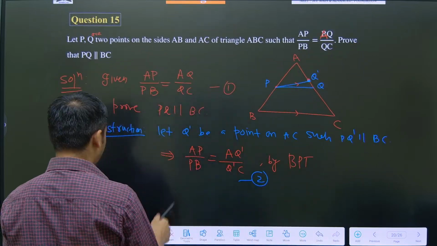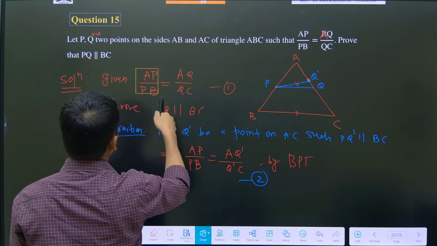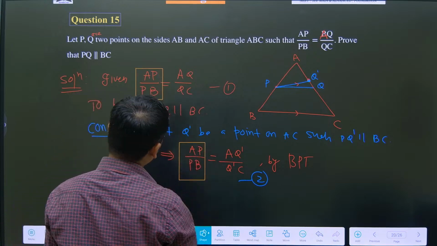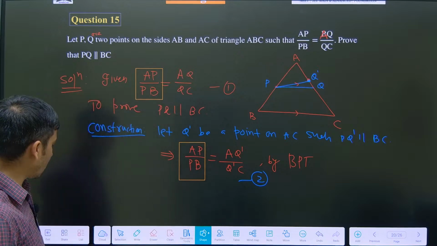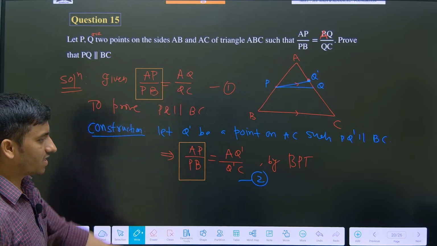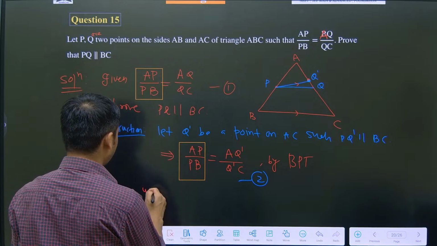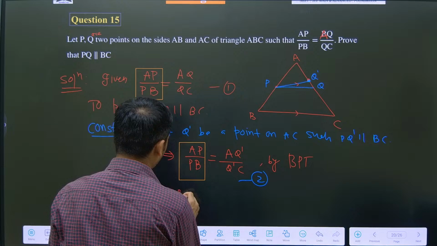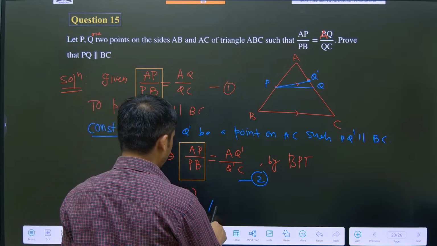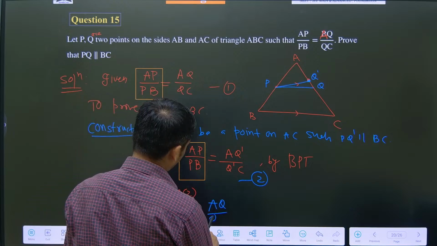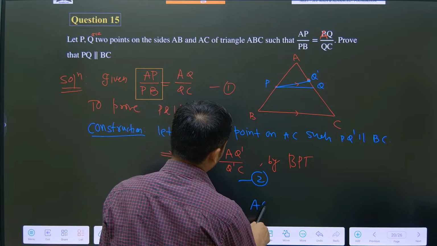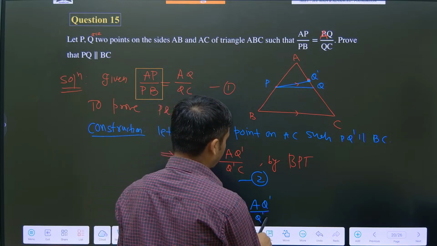Now you can see in this part and this part, they are exactly the same. So in equations 1 and 2, the LHS are the same. So can I say the RHS must be the same? Using 1 and 2, we can say AQ upon QC is equal to AQ dash upon Q dash C.